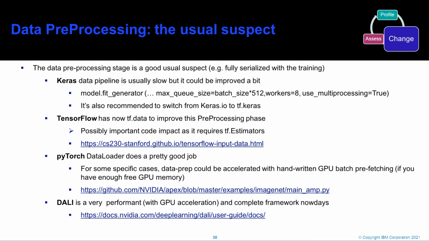There are several options available in the fit generator function, the methods for your model, where you can increase the queue size and the number of concurrent workers.